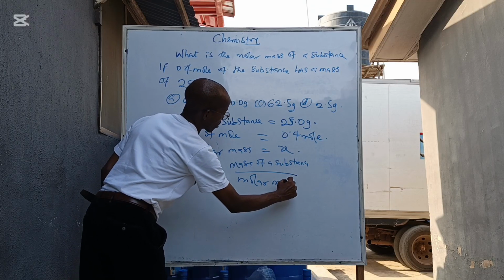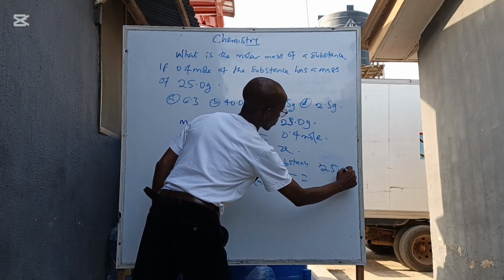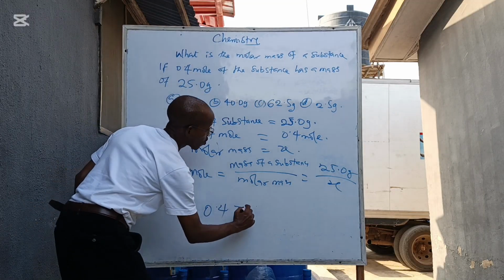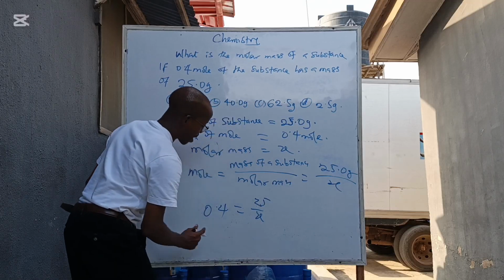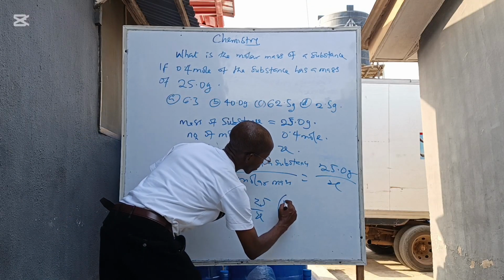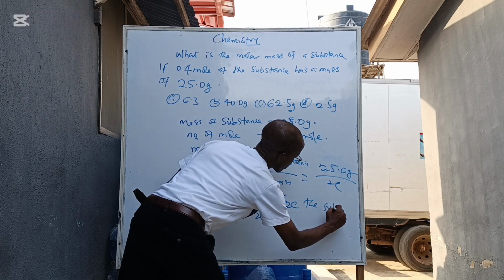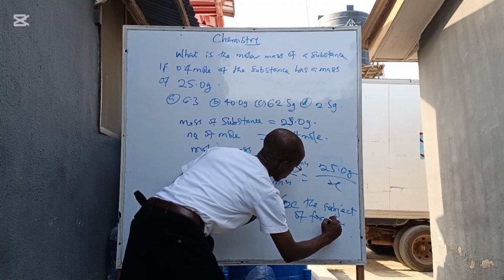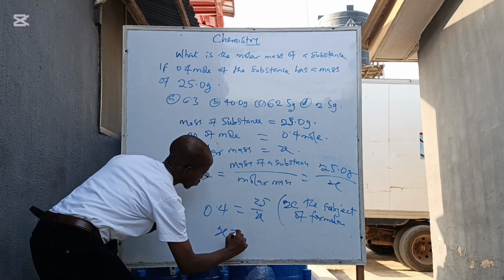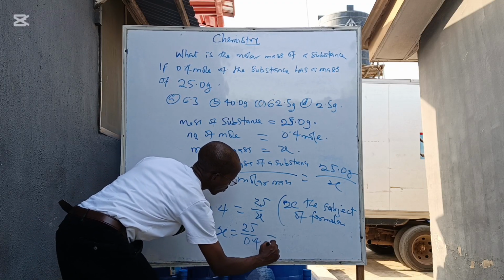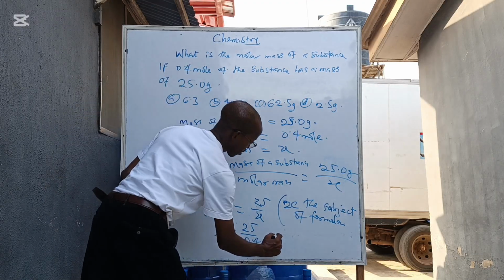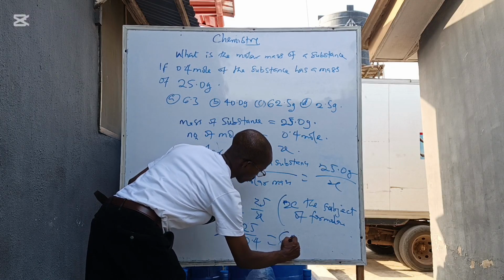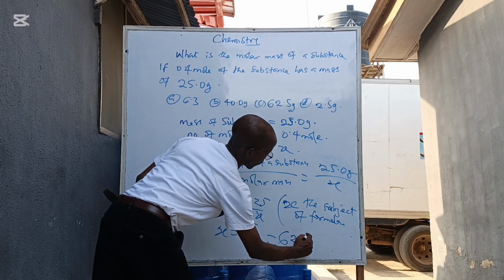Remember, you are given the mass, and the mass is 25.0 gram, and then we are looking for X, and the mole is already given as 0.4. So 0.4 is equal to 25 all over X. Make X the subject of formula. So that will be X is equal to 25 divided by 0.4, which will give us 62.5.